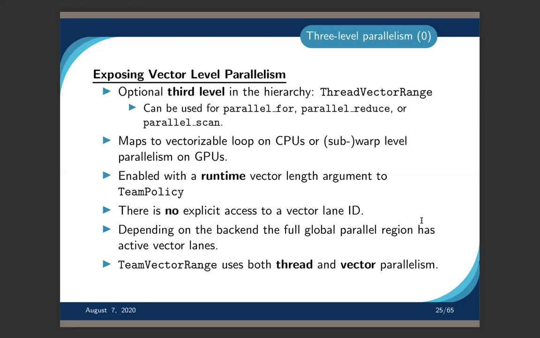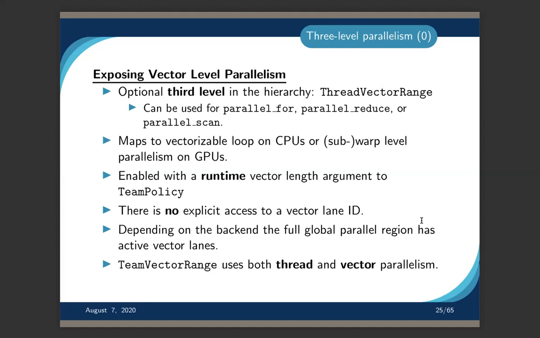There is one problem though, and that problem is that depending on the backend, the entire team policy operator is executed redundantly by all active vector lanes. Where's that coming from? That's coming from CUDA, right? If I'm launching this with CUDA, what we effectively do is we map the vector lanes to the X dimension of a CUDA block and the threads to the Y dimension.